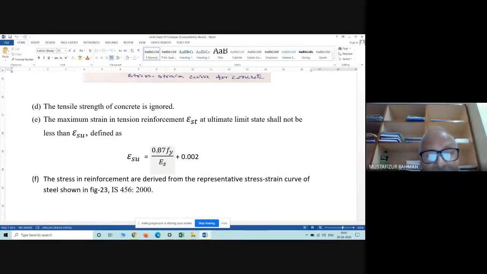The stress in reinforcement is derived from the representative stress strain curve. Steel is shown in figure 23 of IS 456. This I am not bringing here. This you will be able to see in the code or in any textbook. And the conception of this you are also having because you had studied this from your class 8 standard.